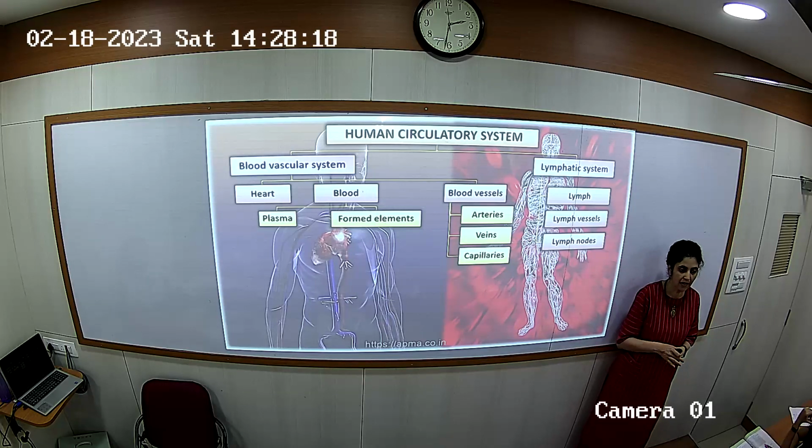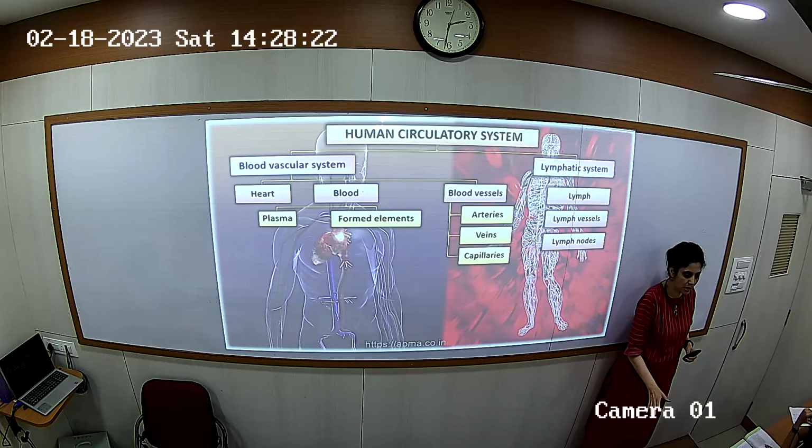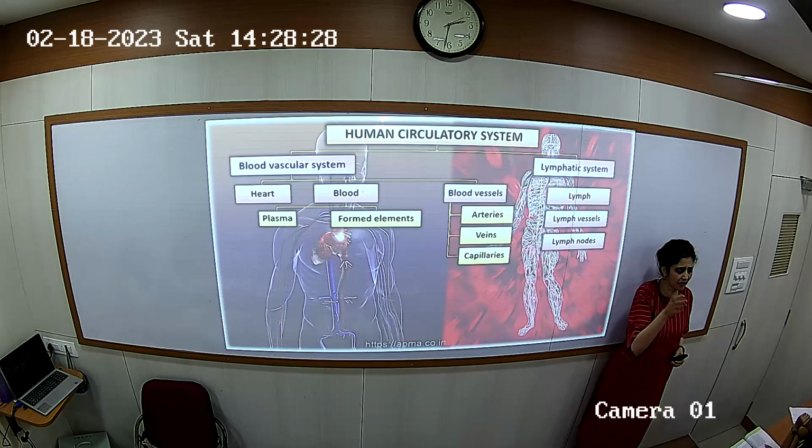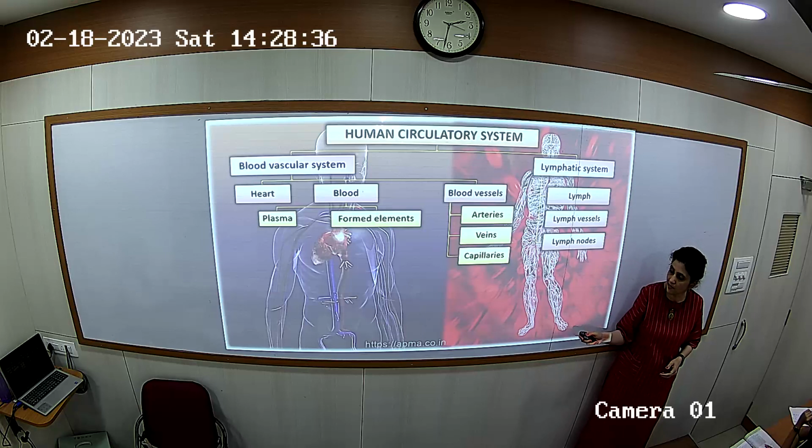So we have the heart, arteries coming out, becoming small, then the capillary network, the smallest vessels in the body, with a single-layered wall. We will see the cross-section structure of a capillary. And then venules, veins, back to the heart. So these are the blood vessels.